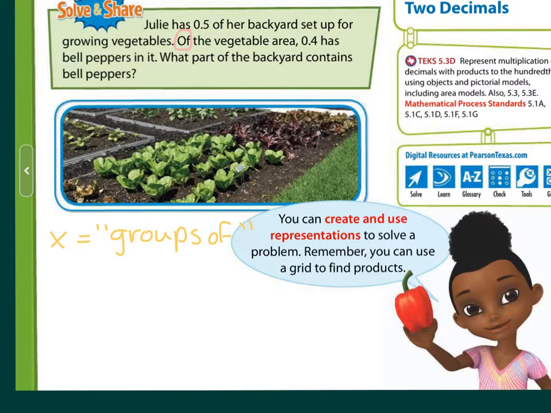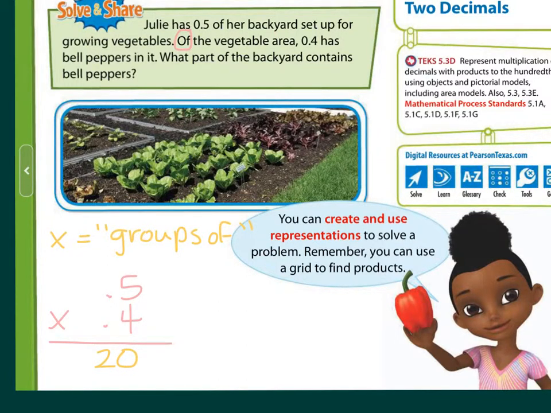So you would set that up as 0 and 5/10 times 0 and 4/10. Again, we can really just eliminate the need to multiply the zeros. And so we would just multiply 4 times 5 in that case, which is super easy. That is 20.